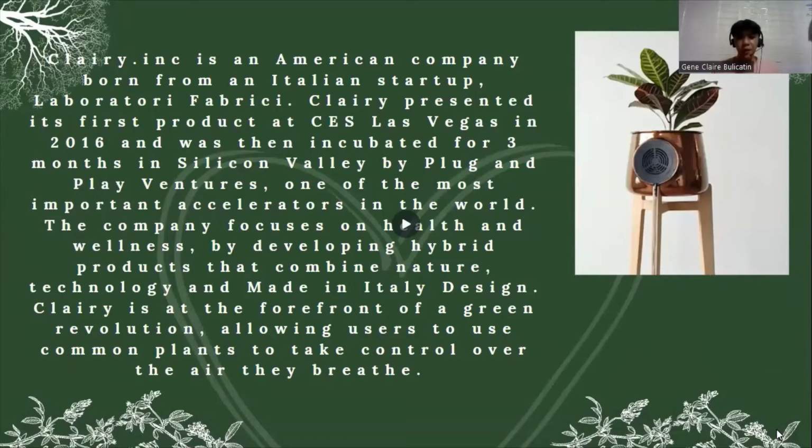The company focuses on health and wellness by developing hybrid products that combine nature, technology, and made in Italy design. Clary is at the forefront of the green revolution, allowing users to use common plants to take control over the air they breathe.